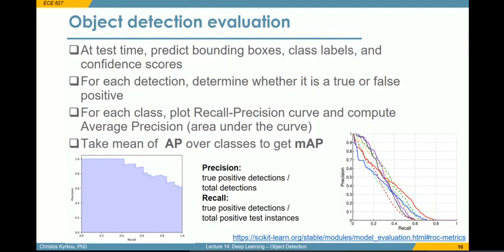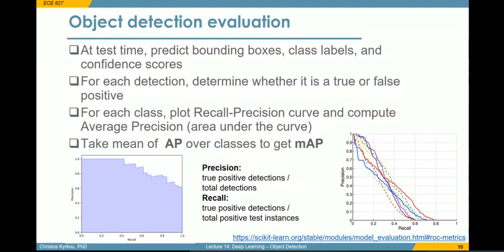We basically have a threshold, which ranges from 0 to 1, and we usually pick some of these thresholds every few steps. For every threshold, we determine the precision and recall value, using the confidence that comes with the class prediction. And for every class, we get these curves.